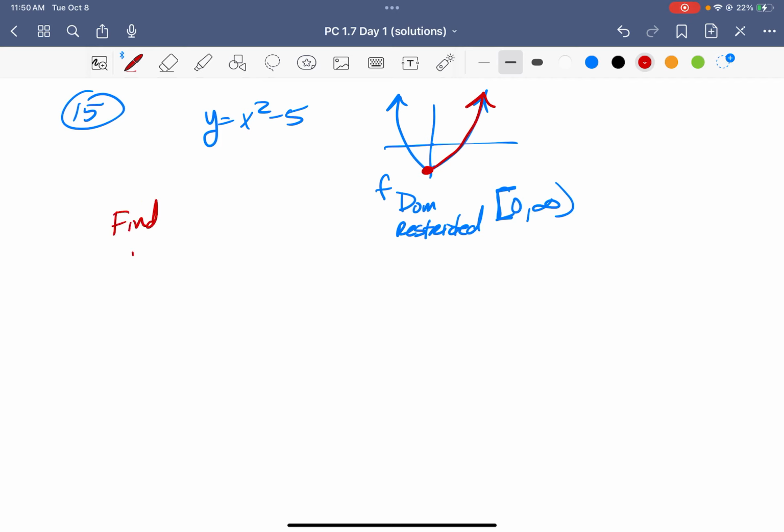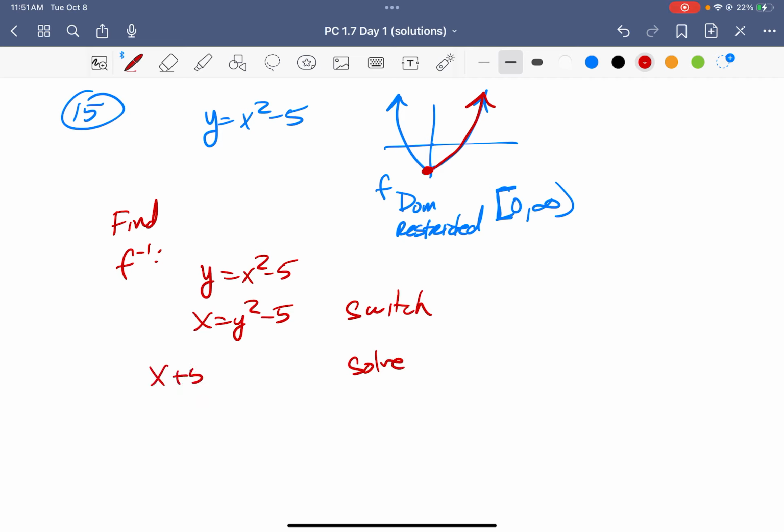And then if I'm going to find f inverse, I'm going to take the original, I'm going to switch, and then I'm going to solve. So I'm going to get x plus 5, and then I'm going to take the square root. But remember, when you take a square root, you get plus or minus.